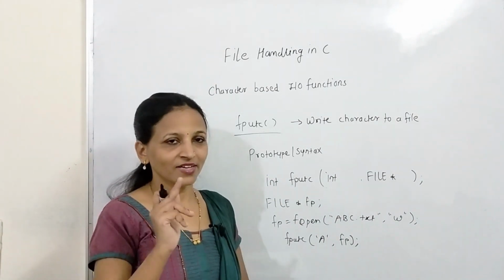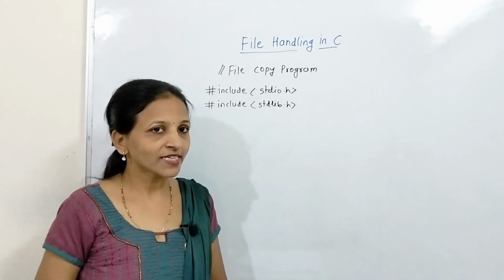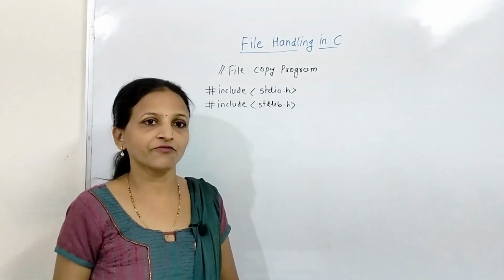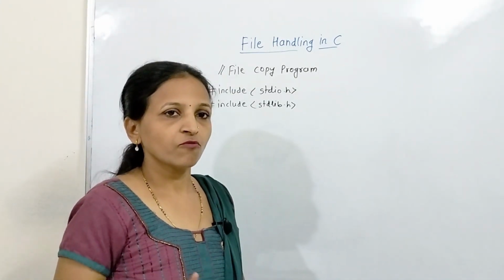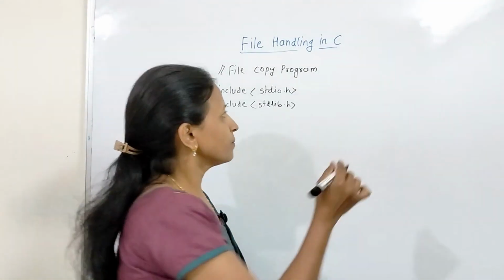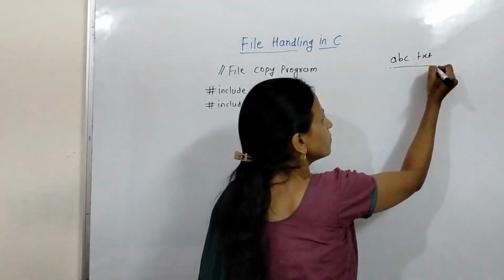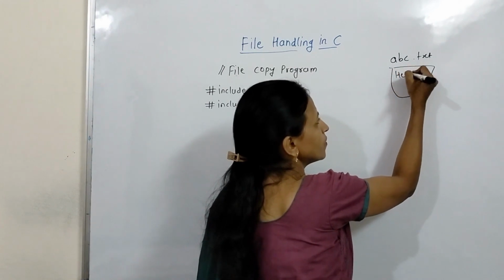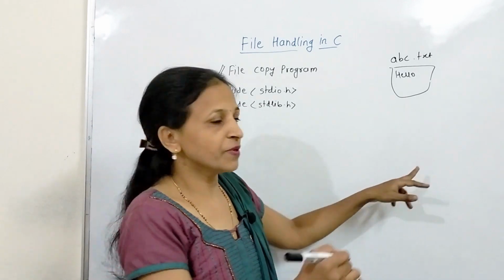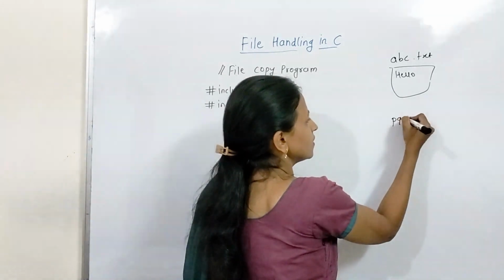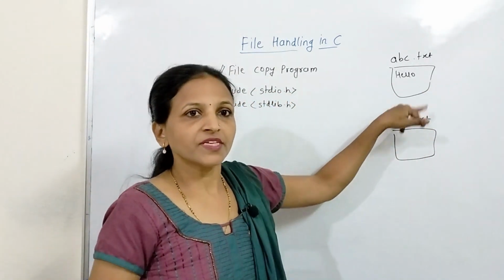Now let us see. Let there be an already created file, and I want to copy the same contents into another file. That is possible with the help of a C program. Let abc.txt already be present, having some contents, say hello, and I want to copy the same contents into another file, say pqr.txt.